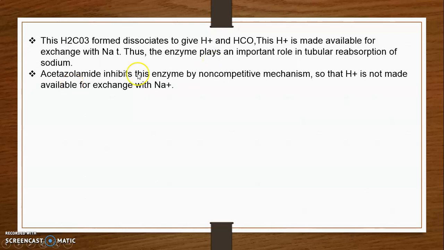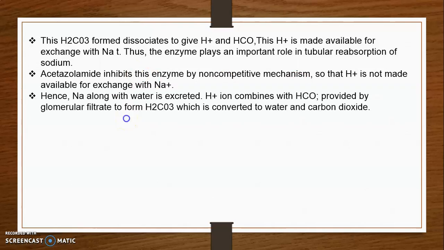Then acetazolamide inhibits the enzyme by a non-competitive mechanism, so that H plus ions are not available for the exchange of sodium. Hence, the sodium along with water is excreted, and H plus combines with the HCO3 minus provided by the glomerular filtrate to form H2CO3, which is converted to water and carbon dioxide.